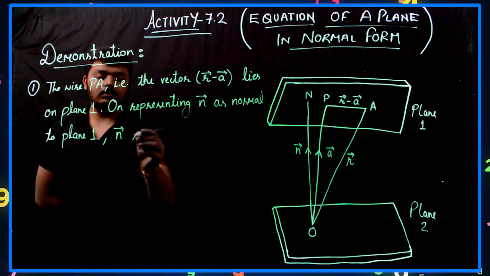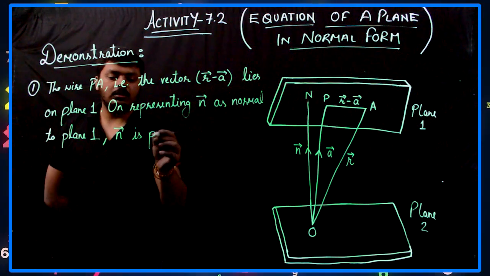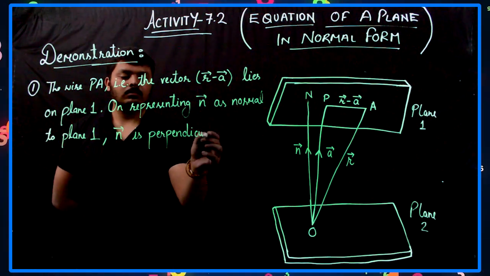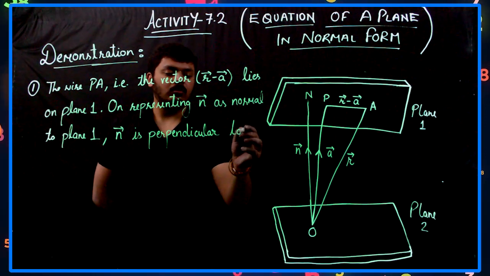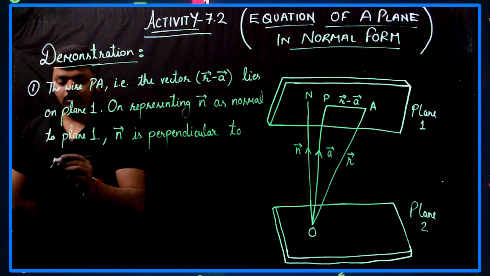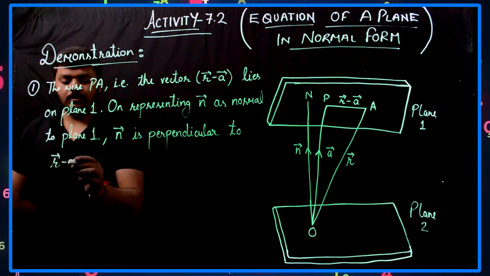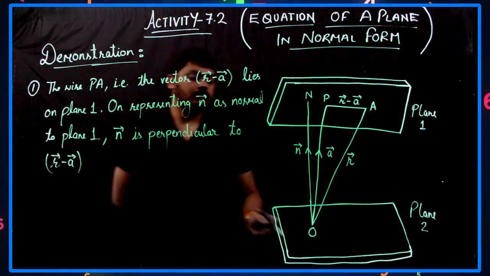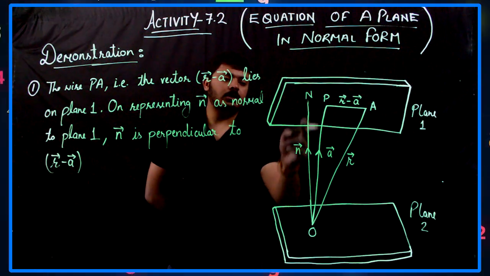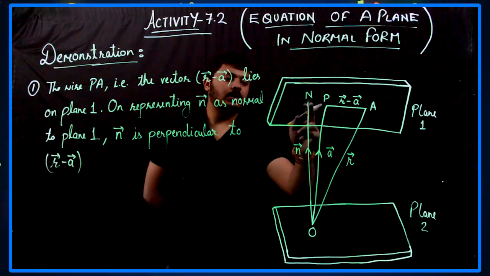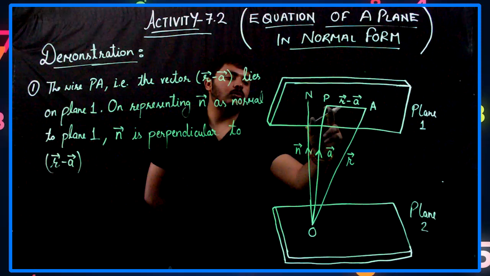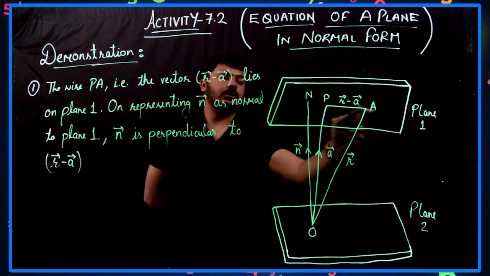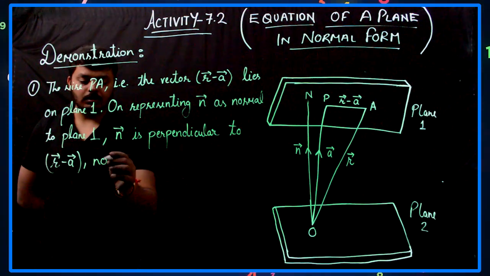The n vector is perpendicular to R vector minus A vector. That is, the n vector is normal to the plane 1 and perpendicular to R vector minus A vector, that is PA, normal to the plane.